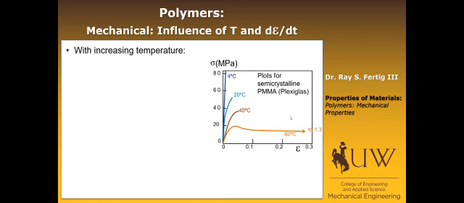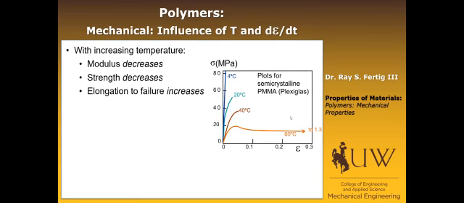So we can look at this curve. Again, we're going to use it as an example for polymers in general, but as a general rule, with increasing temperature, our modulus will decrease, our strength is going to decrease, but our elongation to failure is going to increase. Let's back up and say the reason for this is that at low temperature, the polymer molecules are not very mobile, and so they can't uncoil or respond to the load, and so they act in a very stiff manner.